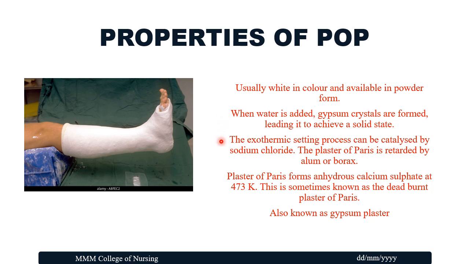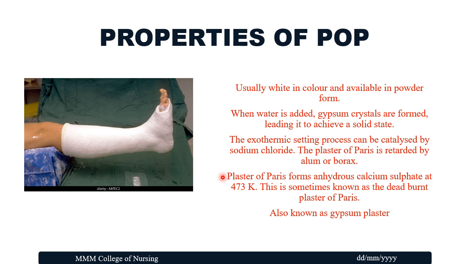The exothermic setting process can be catalyzed by sodium chloride. The setting of plaster of Paris is retarded by alum or borax. It forms an anhydrous calcium sulfate at 473 K. This is sometimes known as dead burnt plaster of Paris, also known as gypsum plaster.